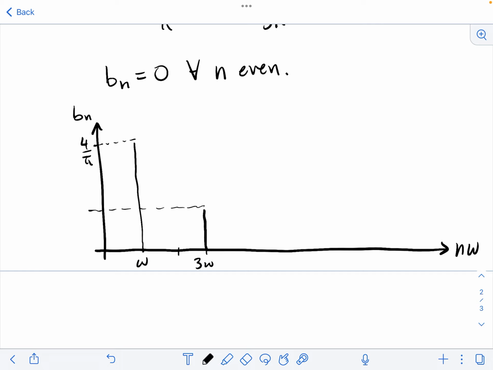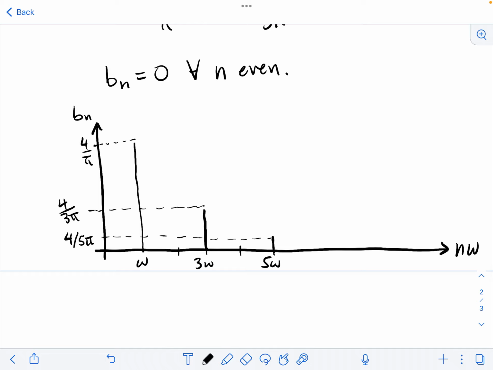And so this would be 4 over 3 pi, and then this would be 4 and 5, and then we'd get a peak that's 1/5 that height. So this is 4 over 5 pi, and so on. You'd get a non-zero peak at 7 omega with a height of 4 over 7 pi, and so on.